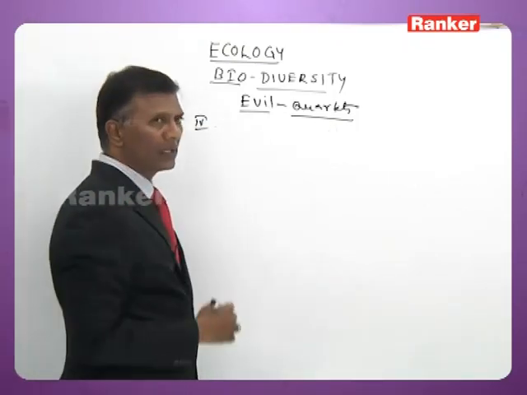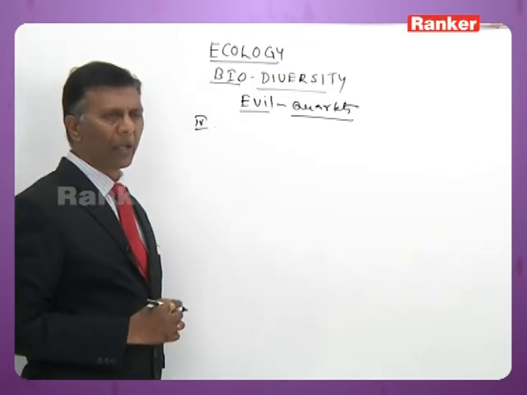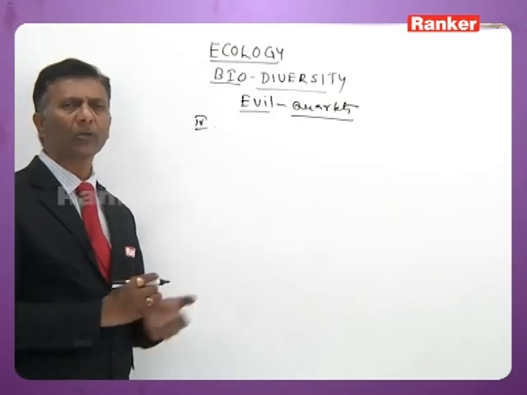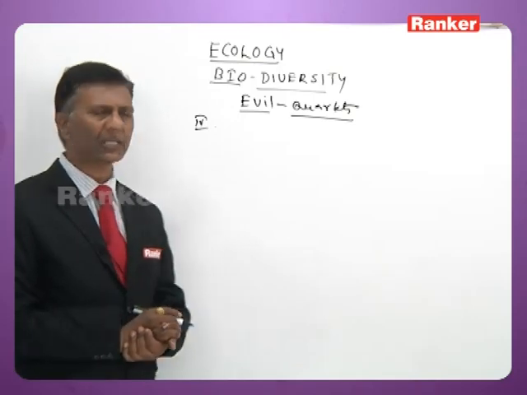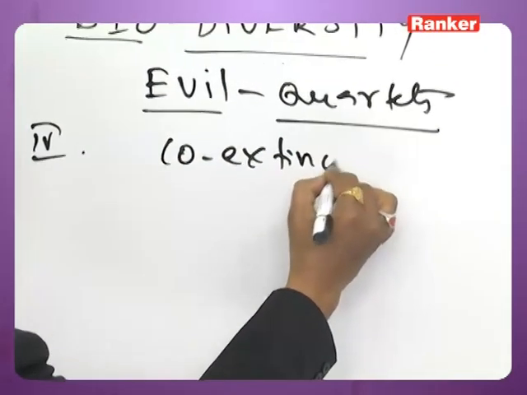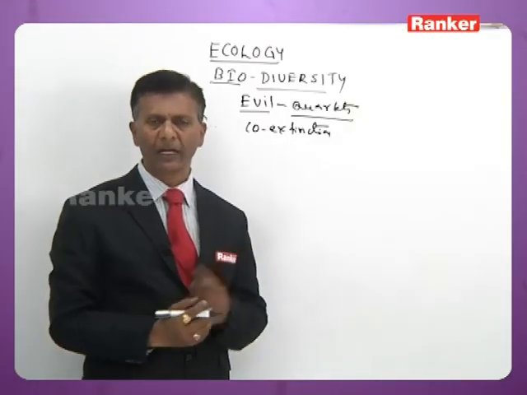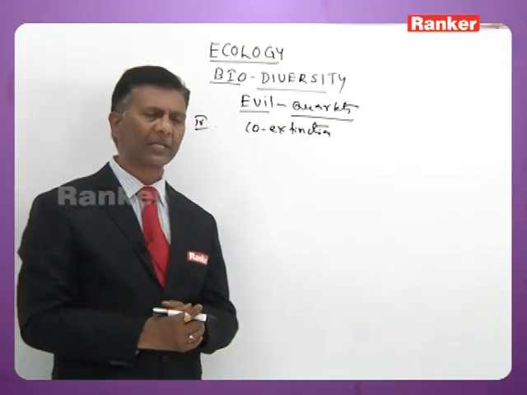Then the fourth evil quartet that caused biodiversity loss, biodiversity degradation, is co-extinction. This is the fourth factor which is considered the fourth evil quartet that caused loss of biodiversity.